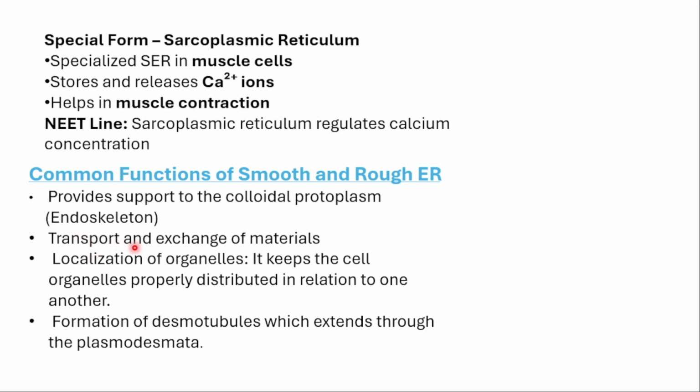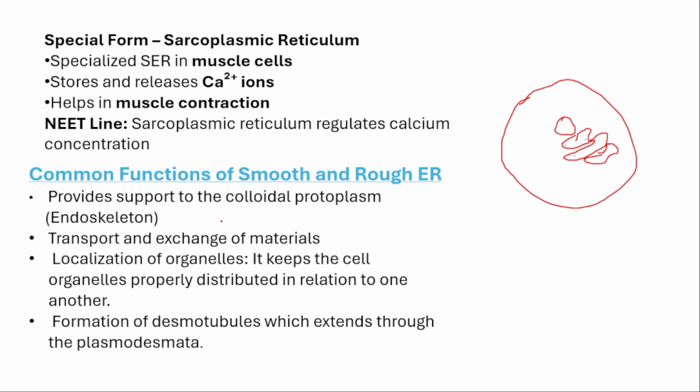Then transport and exchange of materials from the nucleus. Let me draw, then you will come to know. This is the cell and this is the nucleus, and here it is rough, so I am showing ribosomes, and here it is smooth.